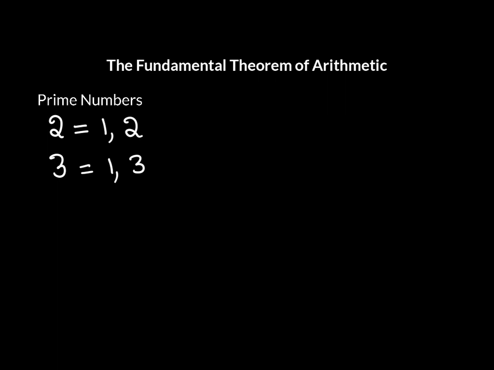So 3 is a prime number. What about 5? Again, the numbers which divide 5 are 1 and 5 itself. So on and so forth. For example, 7 is a prime number, 11 is a prime number, and so on. There are infinite prime numbers.